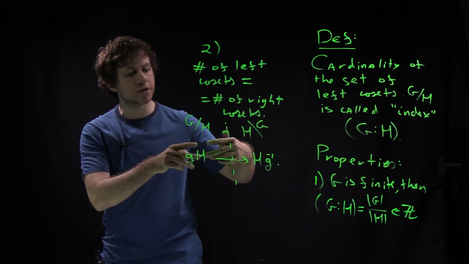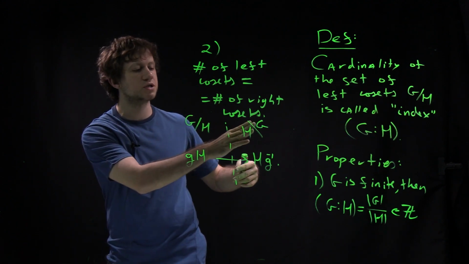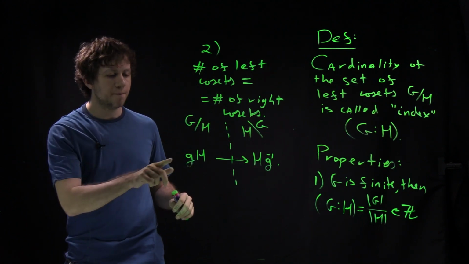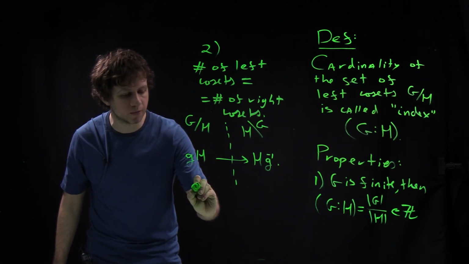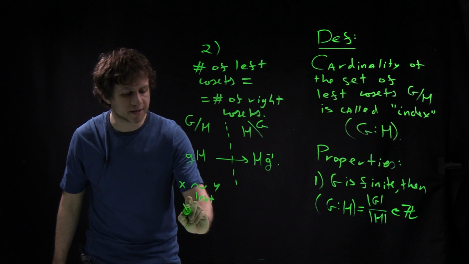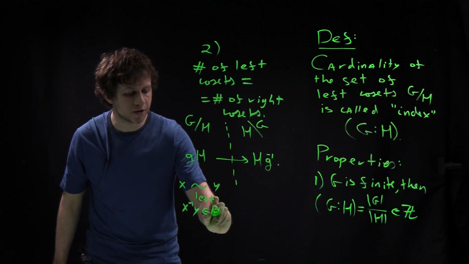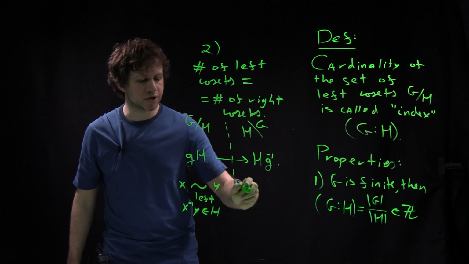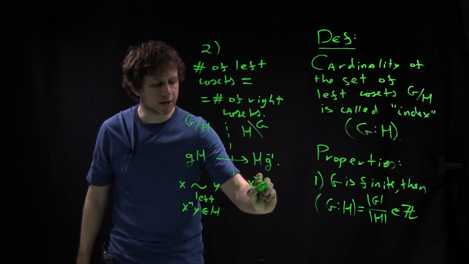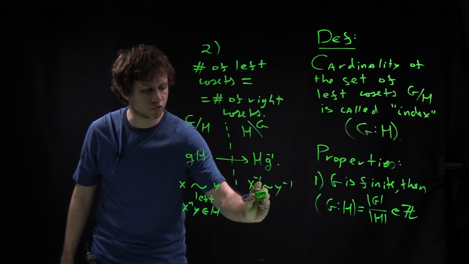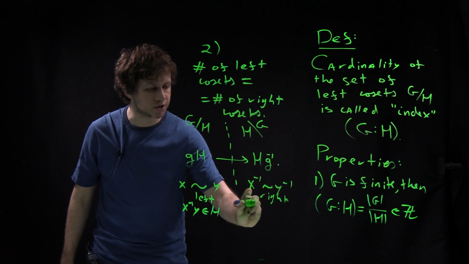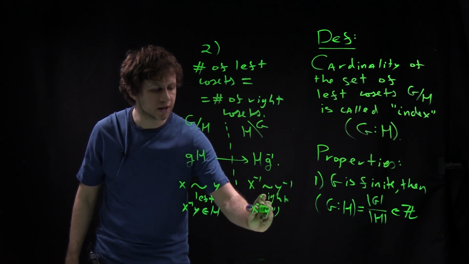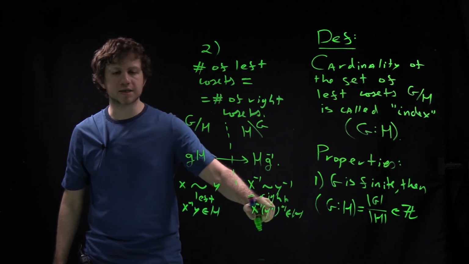These two equivalence relations, being in the same left coset and in the same right coset, are not the same. But if two elements x and y are equivalent from the left side, it means x inverse y is inside H. Then you can take x inverse and y inverse, and you get the right coset relation, because x inverse times the inverse of y inverse is inside H, which is the same thing.